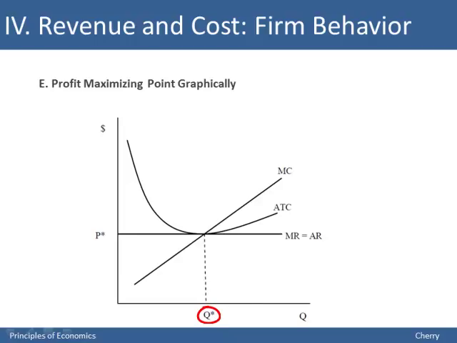And that quantity point is at that intersection of marginal revenue and marginal cost. And the average total cost, that's added there because that illustrates at that point, average total cost is also minimized. So at this point, firms can do no better in terms of profit than setting their production at the level that equates marginal revenue and marginal cost.